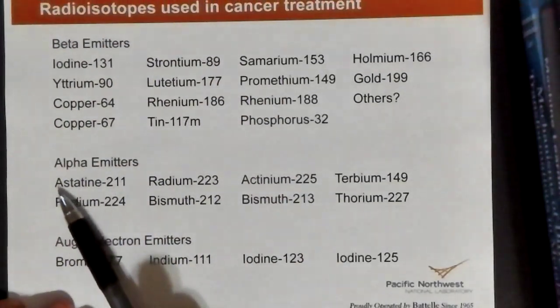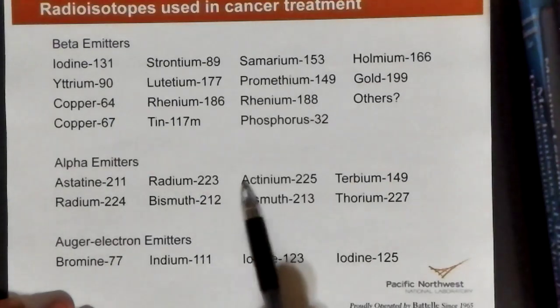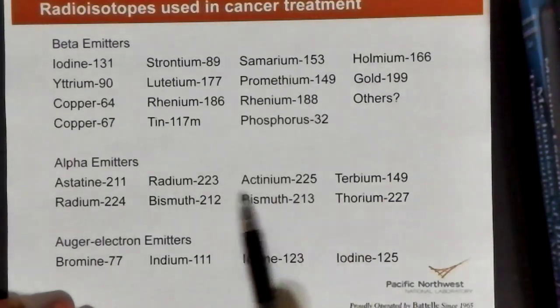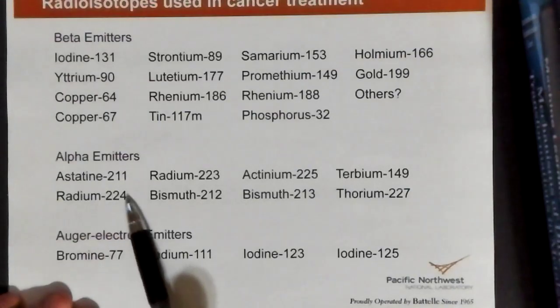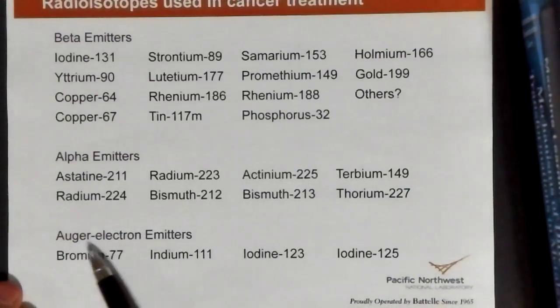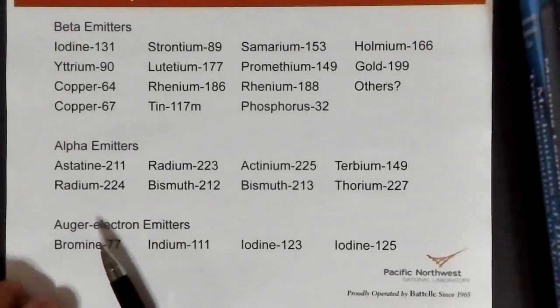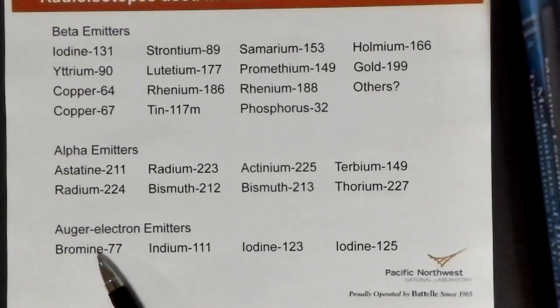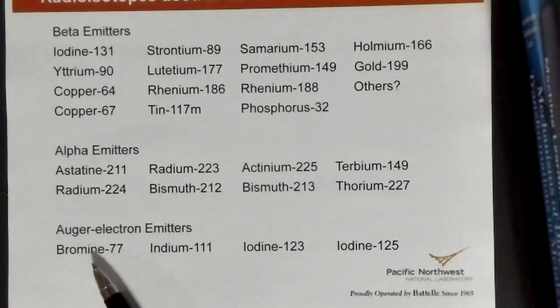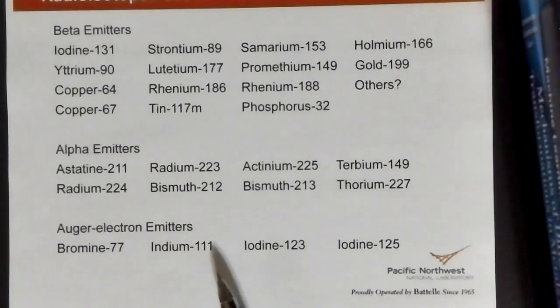The alpha emitters are astatine-211, radium-223, actinium-225, terbium-149, and radium-224. And again, these Auger electron emitters, some more here: bromine-77, indium-111, and so on.